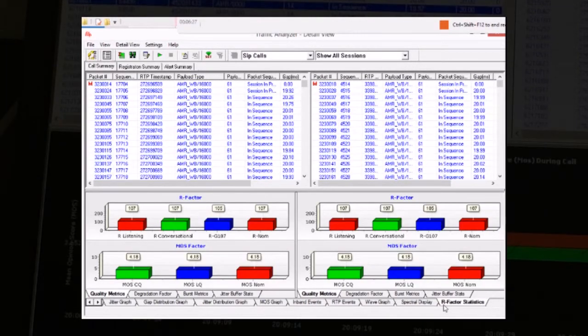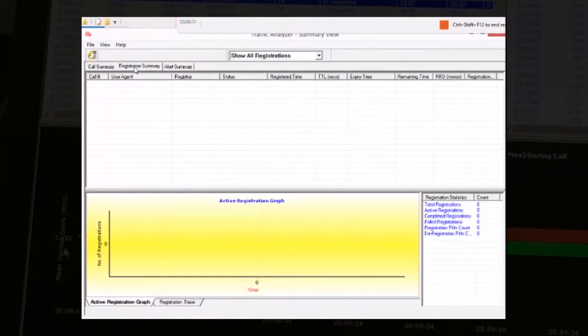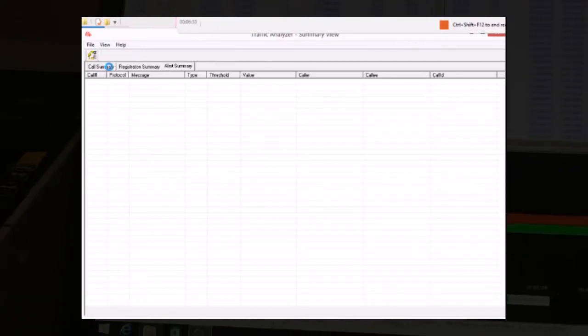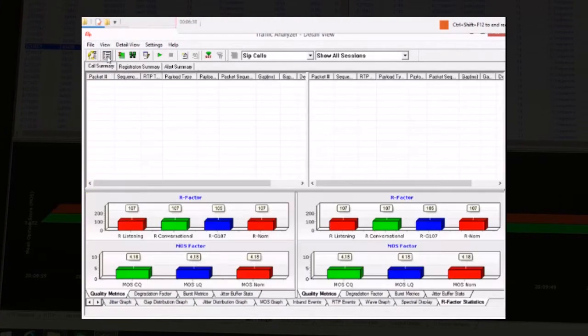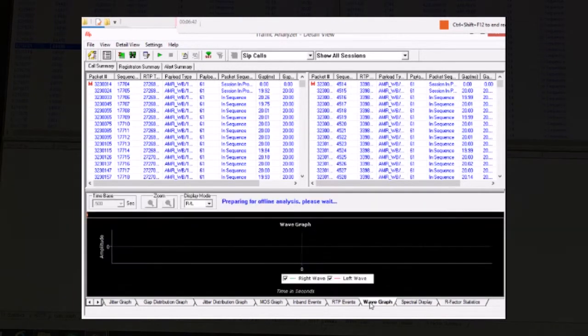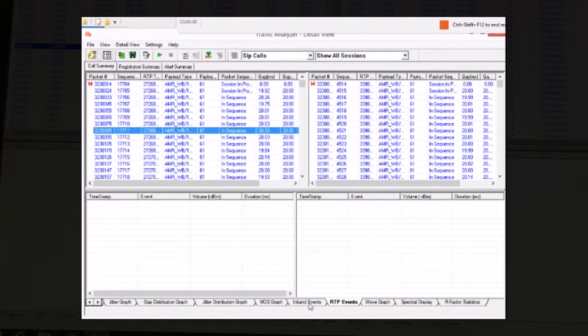This particular call had a MOS score for its entire duration of about 3.6. So this is the MOS over the duration. If there was a glitch during the actual call, you would see it on this graph. RTP events, these would be typical RTP events. There aren't any in this particular graph.